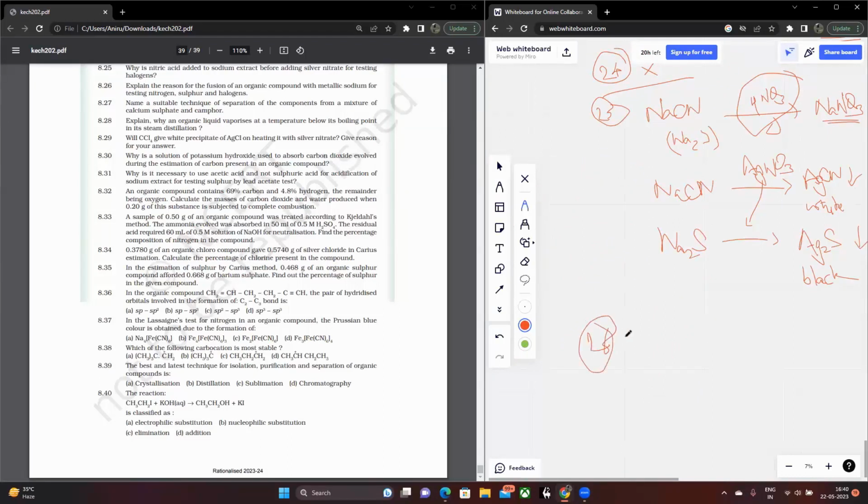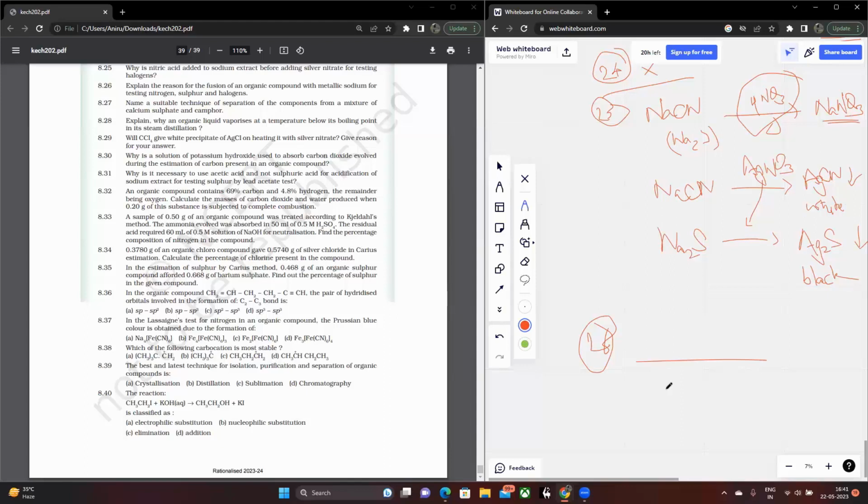Right? 26. Explain the reason for the fusion of an organic compound with metallic sodium for testing nitrogen, sulfur, halogens. Right. So the reason, again, I'm not going to write it down. It's very basic. The organic compound is fused with sodium metal to convert these elements to ionic form, right? Because in an organic compound, N, X, S, phosphorus also, are present in covalent forms, right?